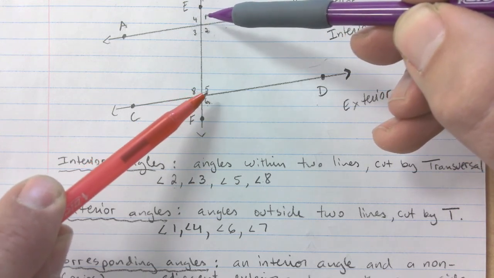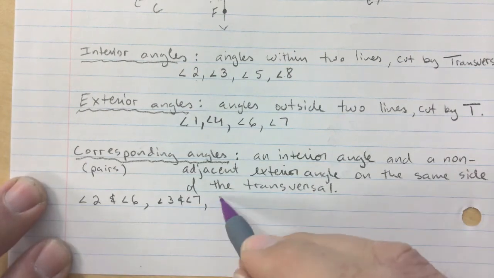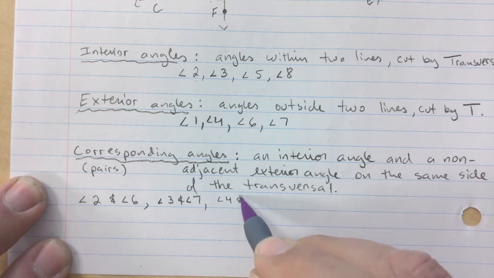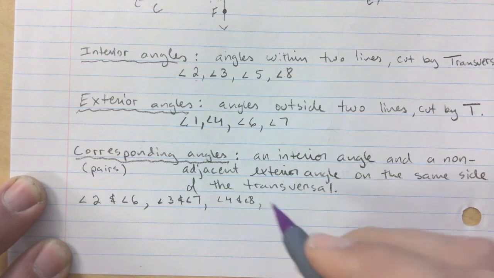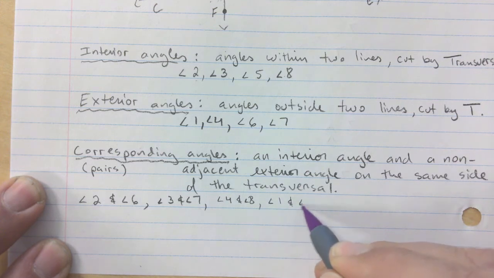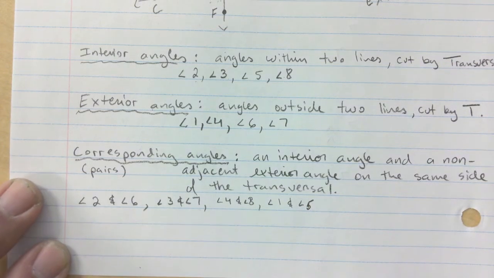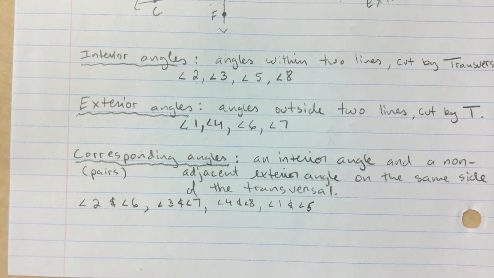So 4, 8, 1, 5. 4 and 8. Angle 1 and 5. So you've got four pairs of corresponding angles in this particular case.